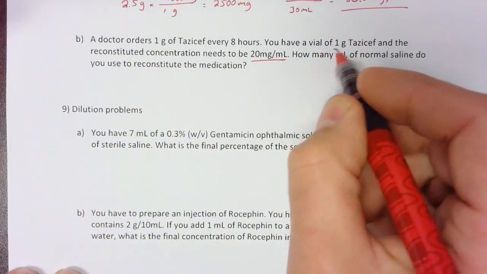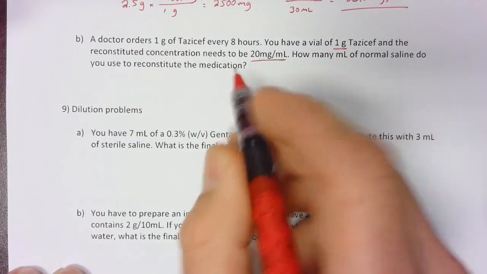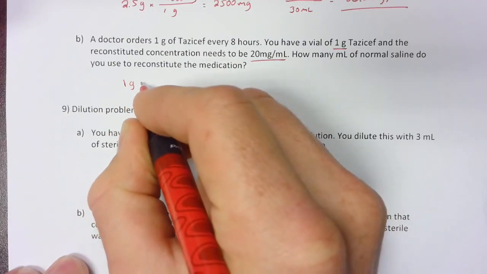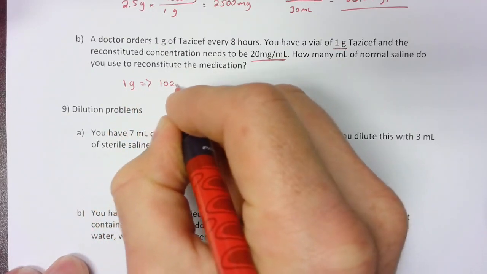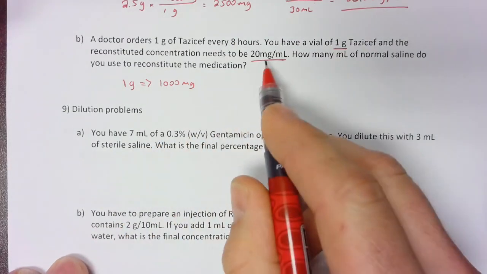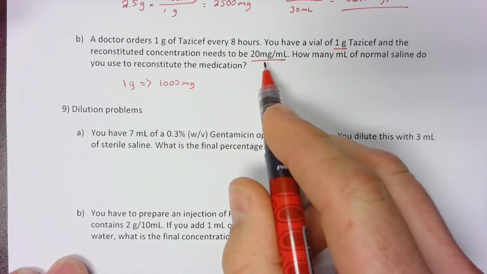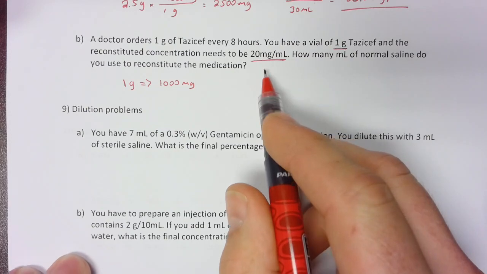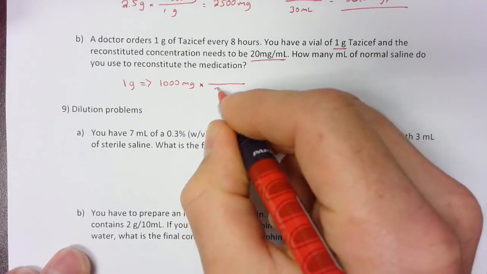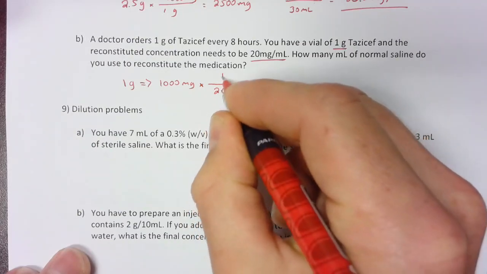Since it's 1 gram, and this is milligrams per milliliter, I need to convert 1 gram to milligrams, and that's going to be 1,000 milligrams. And the reconstituted concentration is 20 milligrams per milliliter. So I've got 1,000 milligrams and I need it to be 20 milligrams per 1 milliliter.